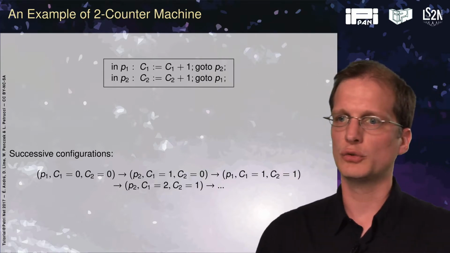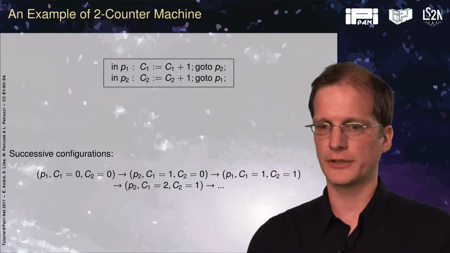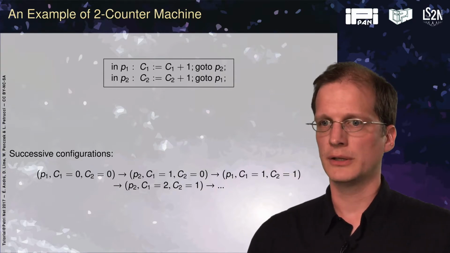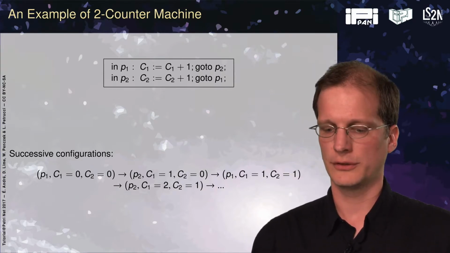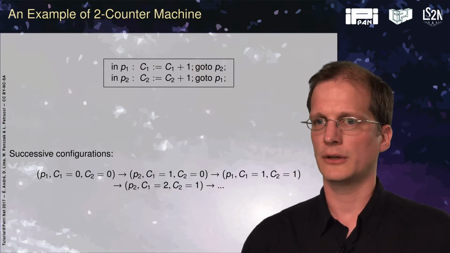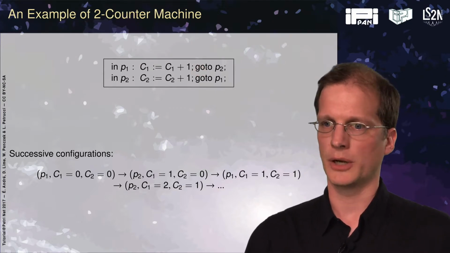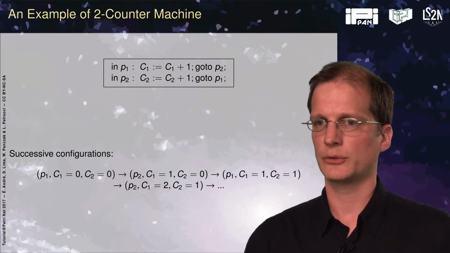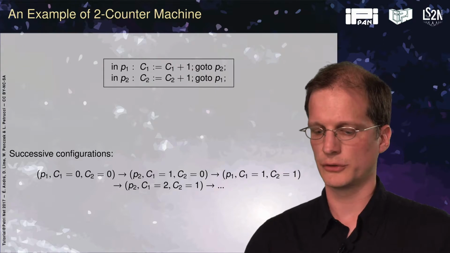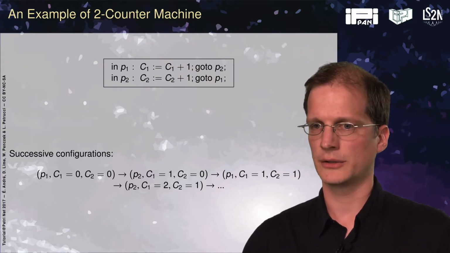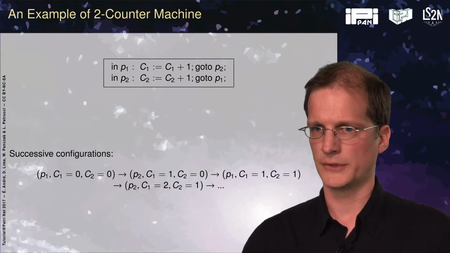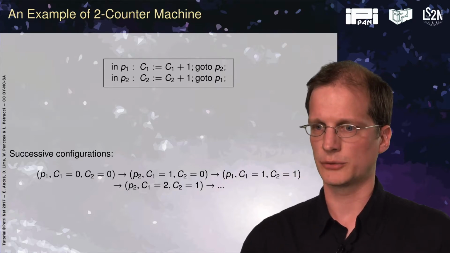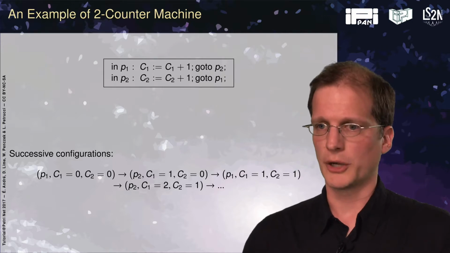So we say we have only two states here, and we start in P1 with both counters being equal to 0. Then we can execute this instruction and increment the value of C1 by 1, and then since we are in P2, we can execute this instruction, increase the value of the counter by 1, and then we are back in P1, and then we can increase the value of the first counter by 1, and so on.